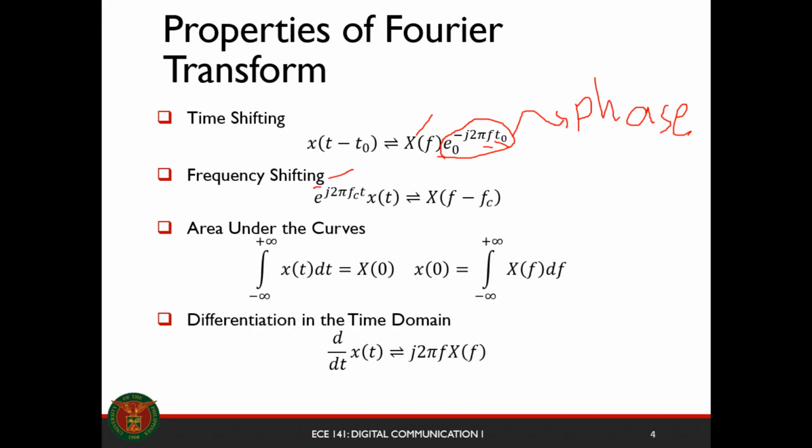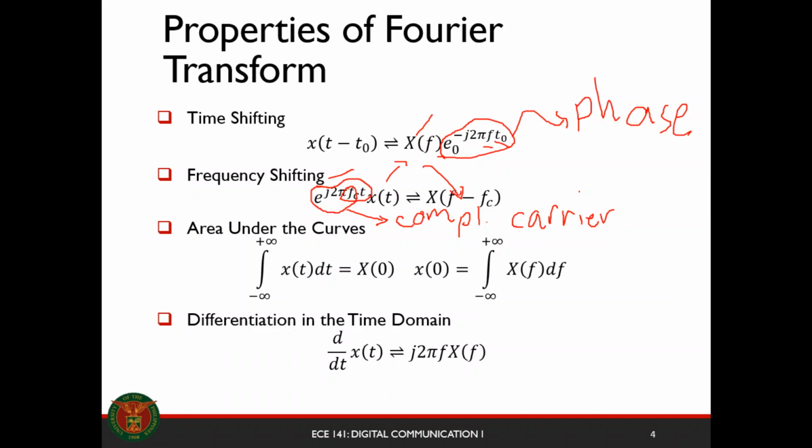Frequency shift is that if we have a complex number multiplied with time, or a complex carrier, as we call it, multiplied with the original signal, then your frequency will just be shifted by some value f sub c, which is the frequency of this complex carrier right there.